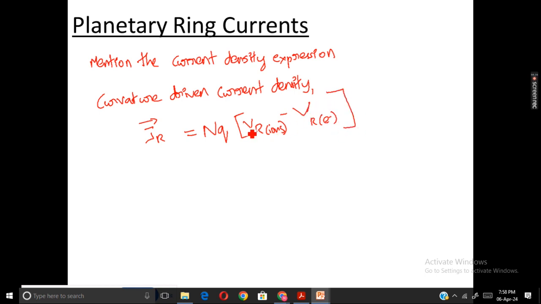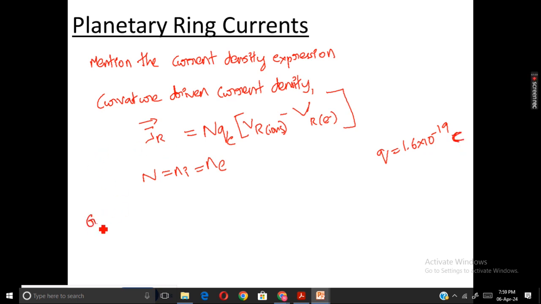This is the drift velocity due to curvature in case of ions and in case of electrons. N is basically the number of particles. So in case of plasma, the number of ions and number of electrons will be the same, so that number is given by capital N. Q we know is basically the charge of the electron, 1.6 into 10 raised to minus 19. So this is curvature driven current density.